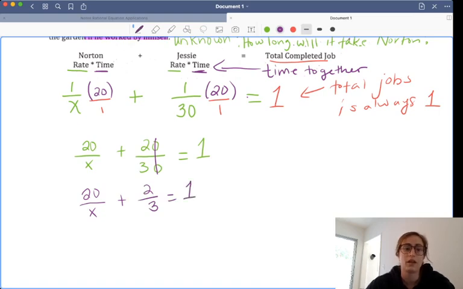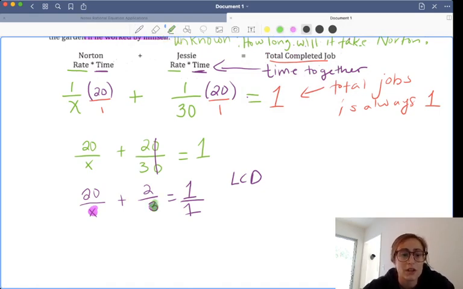Okay, now what's our LCD? Remember, this is really a 1 over 1. So I have 2 different denominators here. I have x and I have 3. Oops, sorry, I should have done that one in a different color.